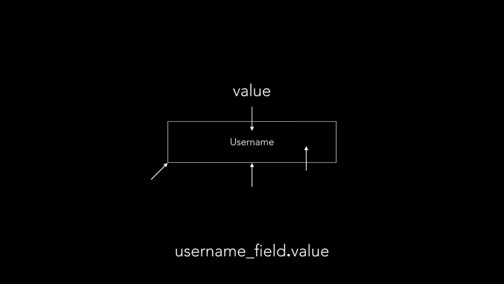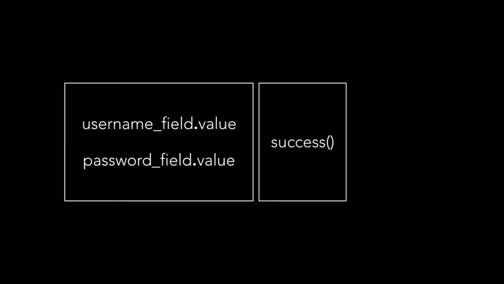But what I'm interested in is only the value inside this element. So I can retrieve that value by using this property called value. Similarly, we get the value for both of these fields. And then once we get these values, we send a request to the server, and the server communicates with the database and sends back a response.